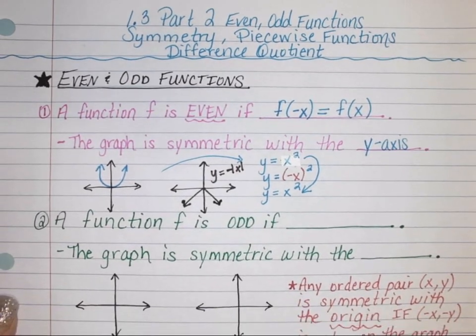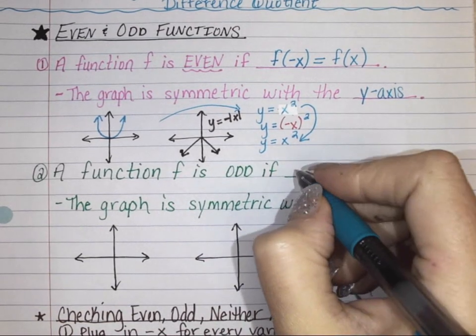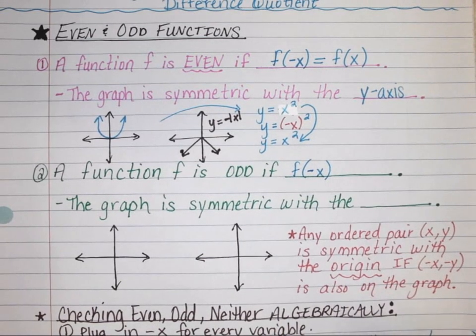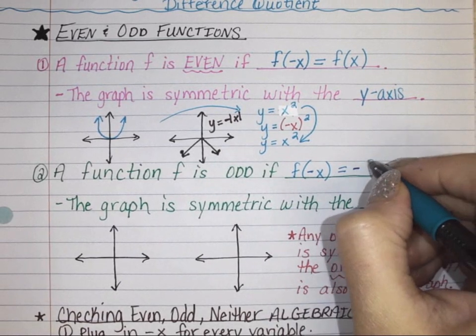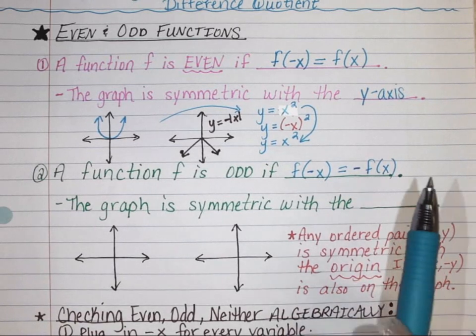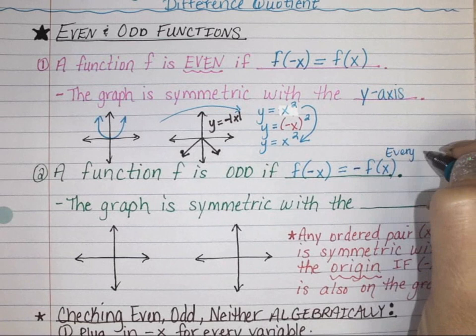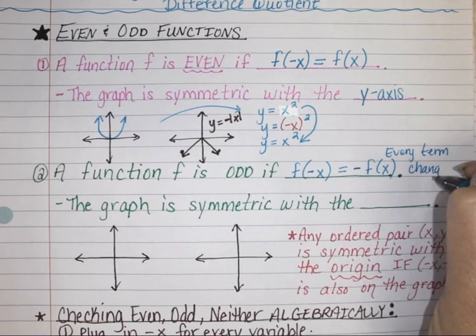A function is odd if you plug in negative x in the function's equation everywhere you see a variable, and you get out the complete opposite of your original function, which means that every term in the equation changes sign. Every term changes sign.